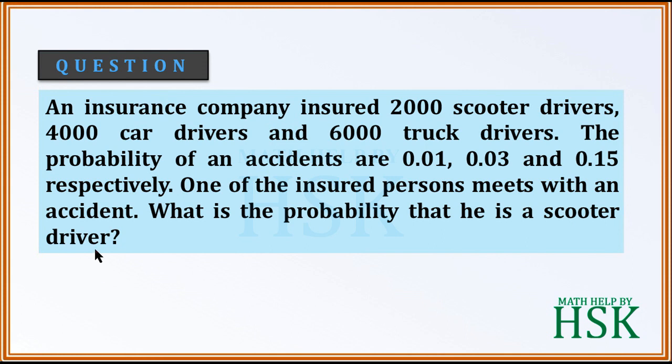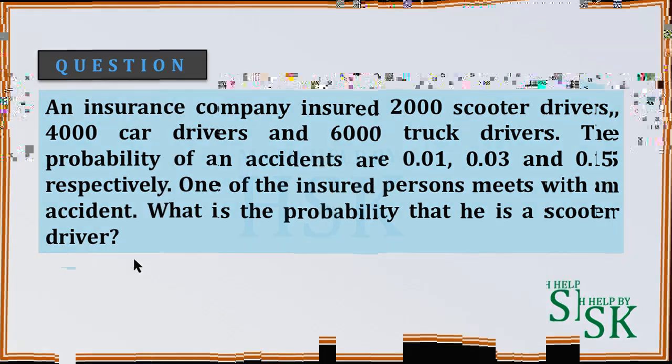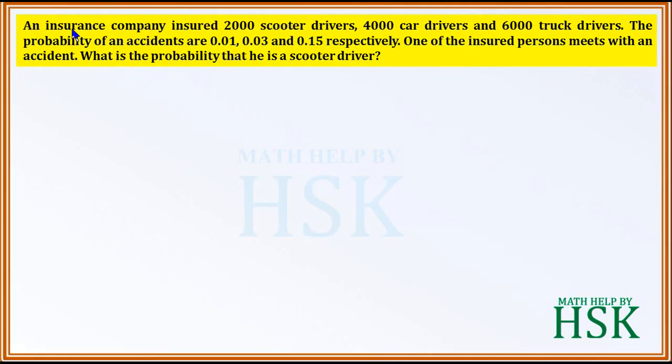The question is quite simple to understand. An insurance company insured a certain number of scooter, car and truck drivers, and the probabilities of the accidents are given. Now, one of the insured persons meets an accident.